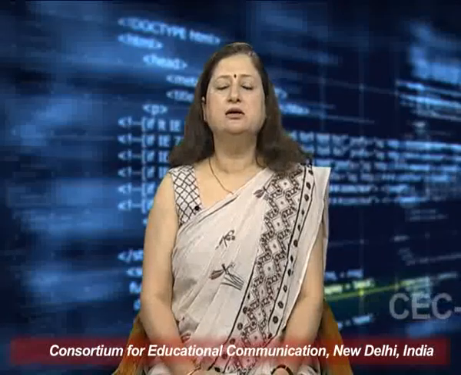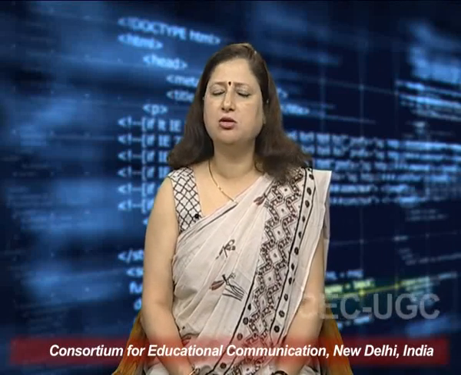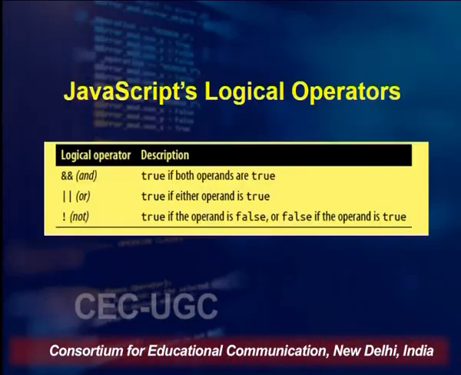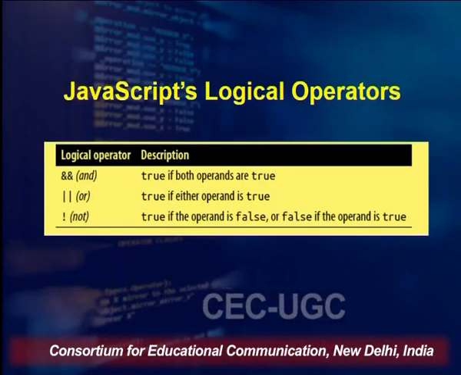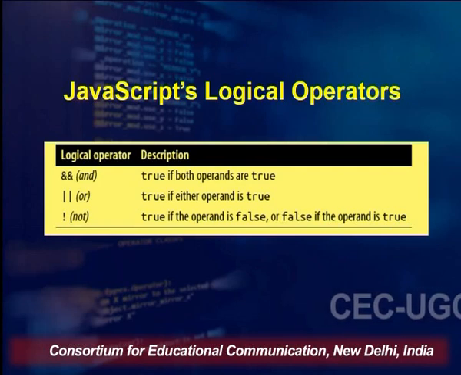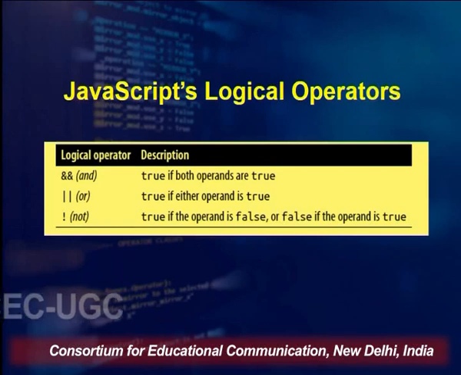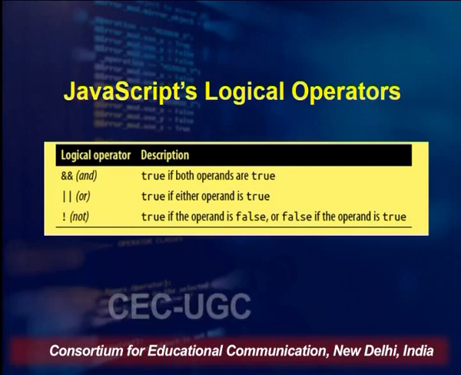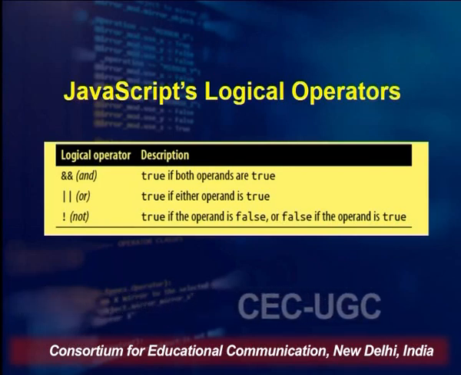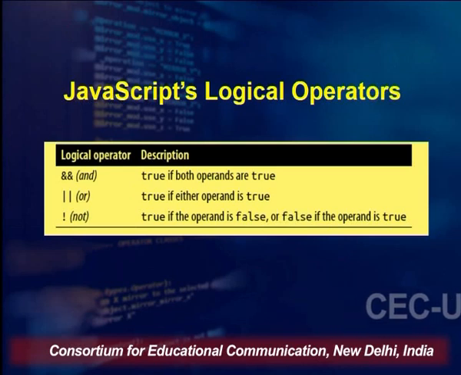So as you know, it's well known that there are 3 types of logical operators which are very commonly used in almost all programming constructs. The first logical operator is the AND operator, which is denoted by 2 ampersand signs. The second is the OR operator, which is denoted by 2 bar signs, and the third is the NOT operator, which is denoted by an exclamation mark sign.